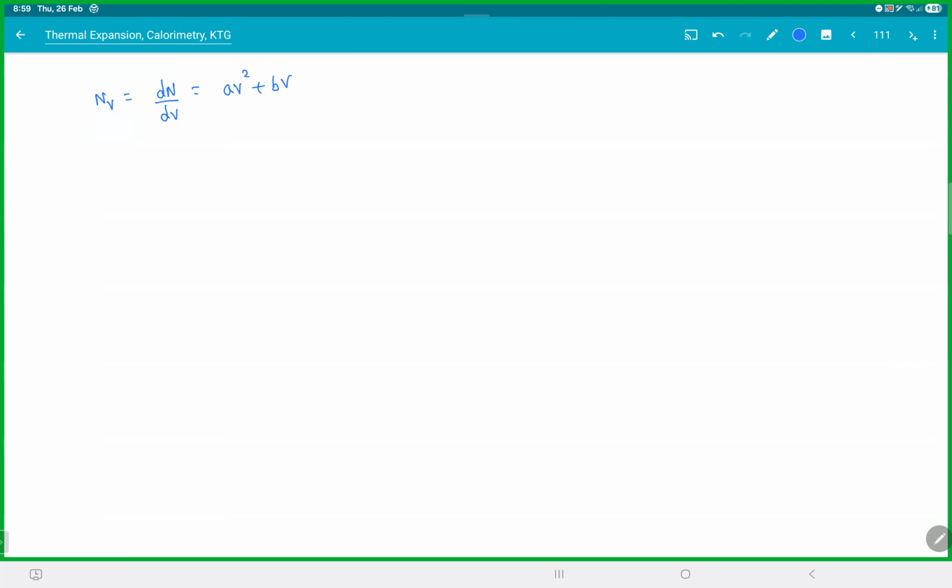We still don't know a and b. So when you integrate this, integral dn is nothing but av square plus bv into dv. Limits will go from 0 to v naught. This must tend to be n naught. Integrating this, we get a v naught cube by 3 plus b v naught square by 2 equals n naught. This is your equation 2.